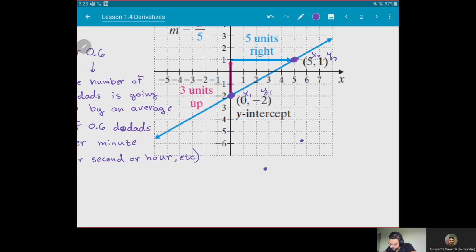What we're really doing is saying from point A to point B, this could be the picture. It doesn't have to be a straight line. And we're saying that the average speed of increase is 0.6. That's what we're saying. At no point does it ever technically have to be 0.6.